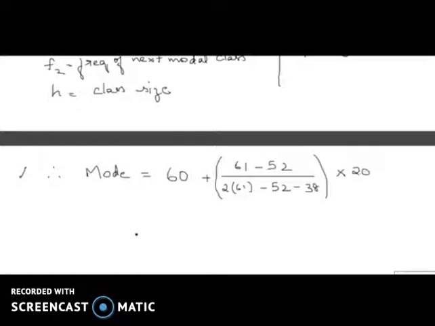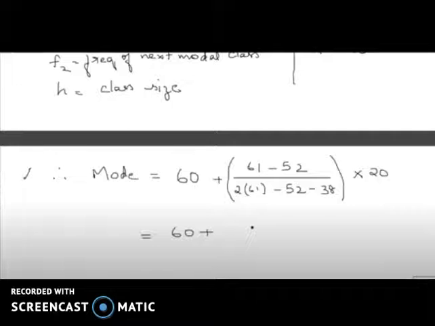Therefore mode is equal to 60 plus, substituting the values, (61 minus 52) divided by (2 into 61 minus 52 minus 38), into 20. 20 is H. Next, 60 plus 9 by 32 into 20.